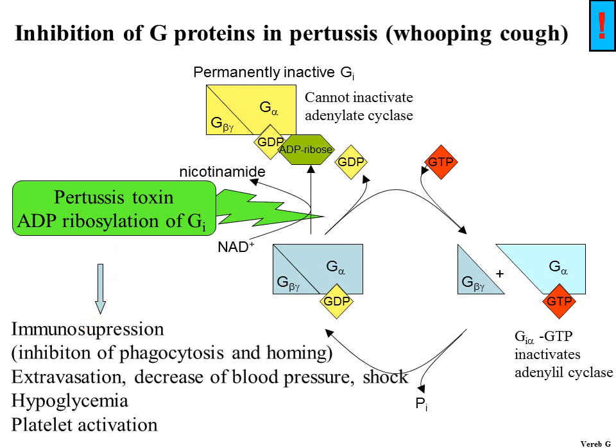The comparison in terms of molecular mechanism is that in this case, ADP ribosylation by the toxin causes the inhibition of an inhibitory molecule. So in terms of a car, it's like you cut the brakes.